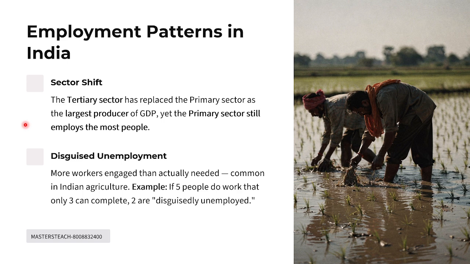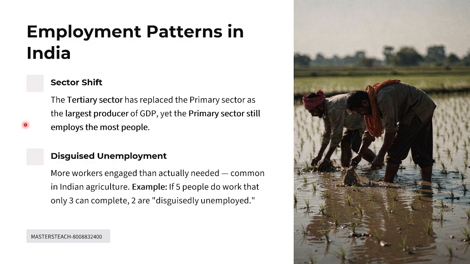Okay. Then employment pattern in India. How is the employment in India? Primarily, the tertiary sector has replaced the primary sector as the largest producer of GDP, but the primary sector still employs the most people.